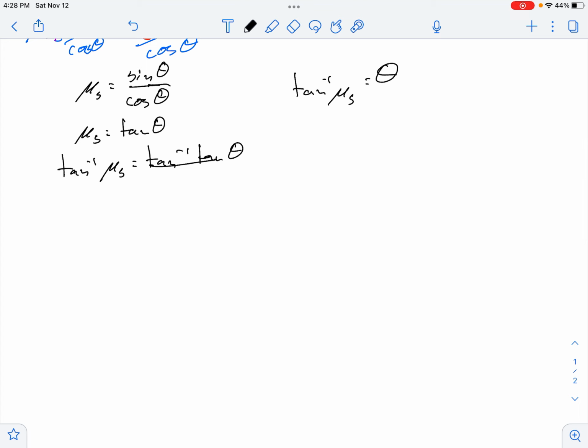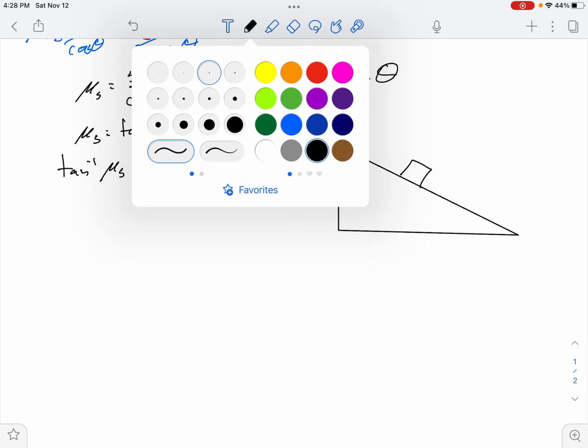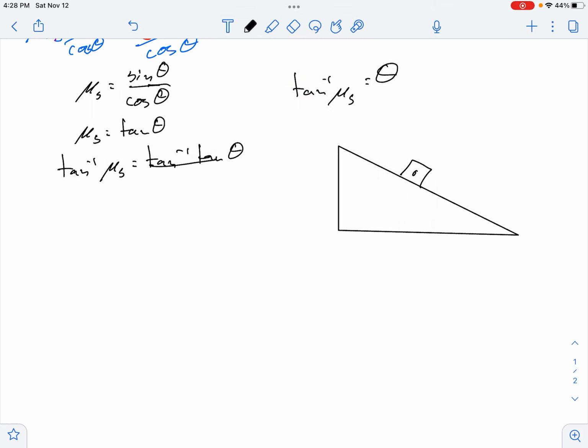I'm going to bring my drawing back down here so that we can see it a little bit better and it stays with us. We don't have to keep scrolling up and down as we're trying to do this problem. So there's that. And I'm going to go ahead and recreate my force diagram, right?